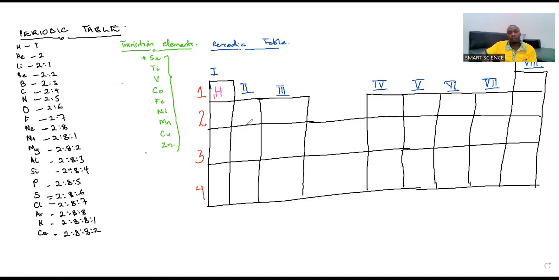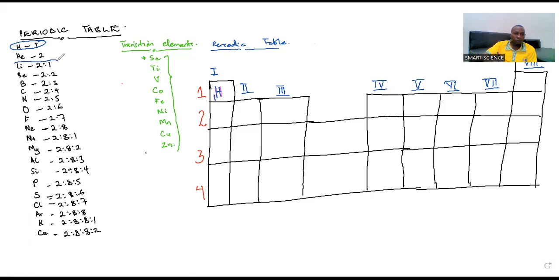Now, when it comes to group 1, we only pick out those elements which have 1 electron in the outermost shell. And the number of shells you have determines the period where you belong. Our first has been hydrogen in group 1, and since it has only 1 shell, we have placed it in period 1.